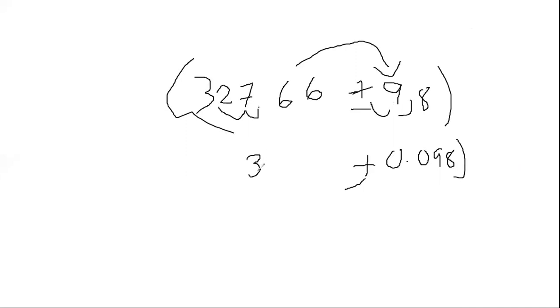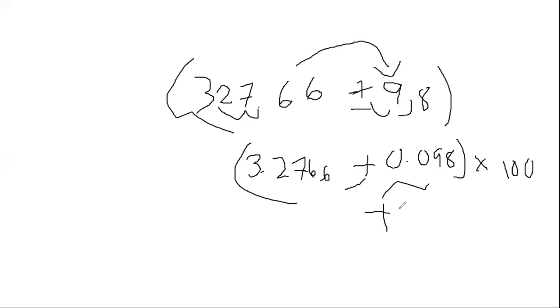It becomes 276... 2766 times 100%. Sorry, times 100. Then it becomes 0.1. This becomes 3.3. Times 100.